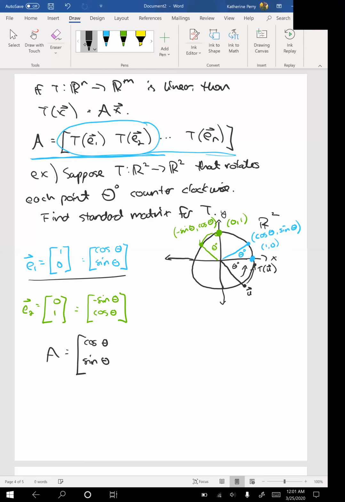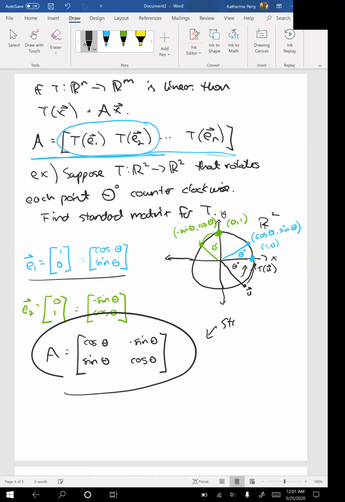Here again, you'd be given theta, something like 45 degrees, and you would have an actual value here, cosine of 45 degrees or whatever it is. And the second column is negative sine theta, cosine theta, and this would be my standard matrix, the standard matrix associated with the transformation.